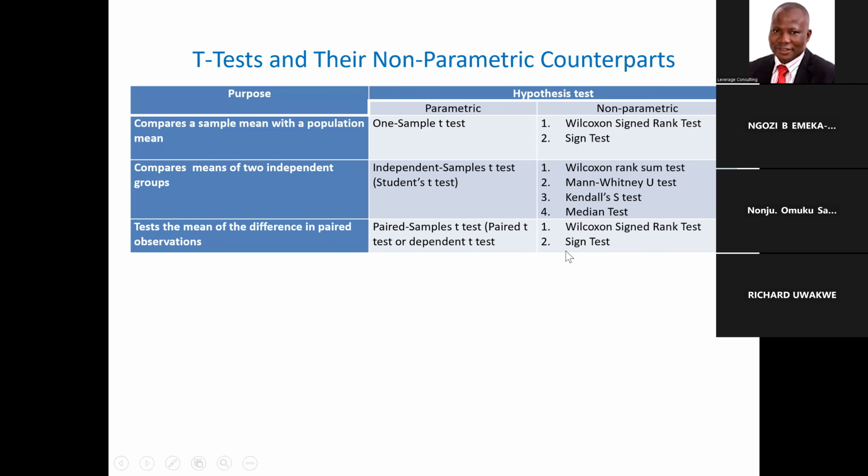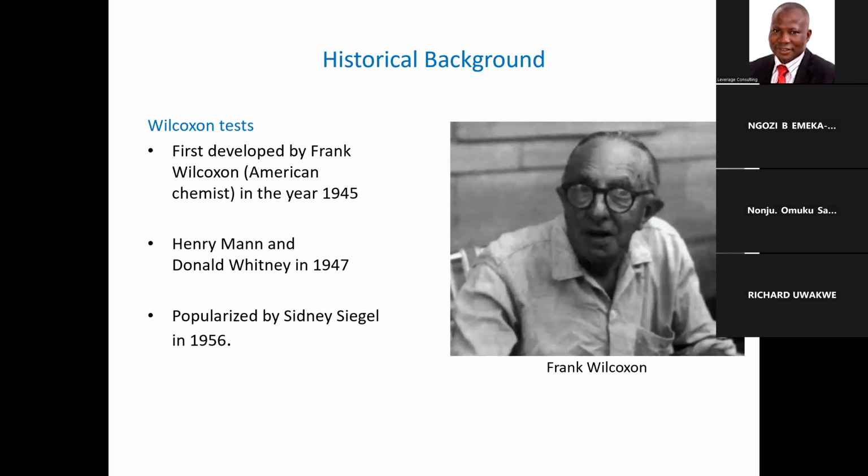Now let's look at some historical background to these non-parametric counterparts of the t-test. The Wilcoxon test was first developed by Frank Wilcoxon, an American chemist, in the year 1945. Henry Mann and Donald Whitney followed in 1947, and it was then popularized by Sidney Siegel in 1956.